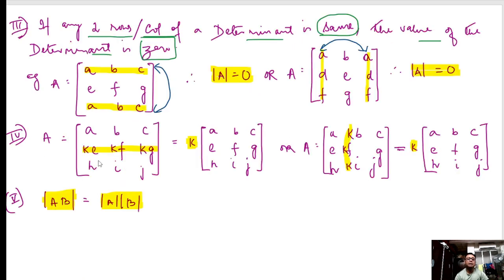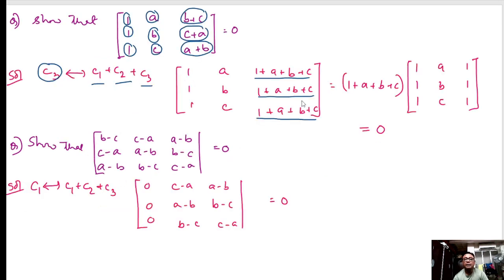Here is the property: if in any particular column you have a common multiple, you can take it out. So using this, in this C3 column this is the common thing, so we can take it out. So what remains is 1 1 1. Now the property says that if two columns are same, the value of the determinant will be 0.